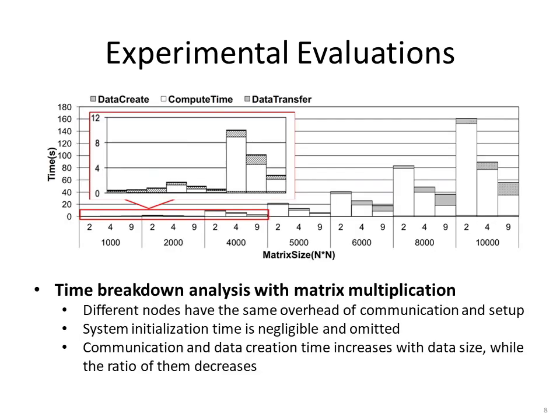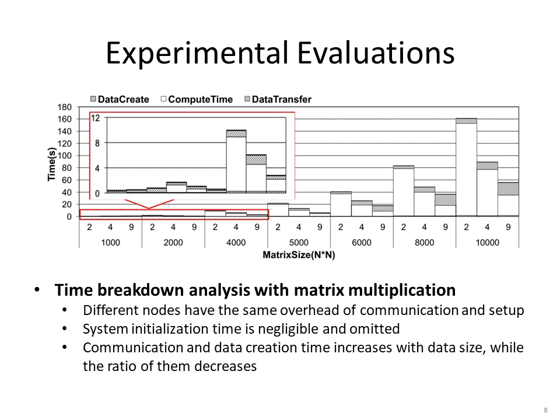Matrix multiplication is also selected for the breakdown analysis for our framework. Since our node management process manages all the nodes with the same behavior, the CPU, GPU, and FPGA nodes have the same overhead of communication and local environment setup.